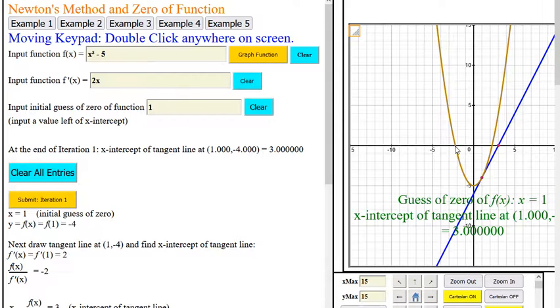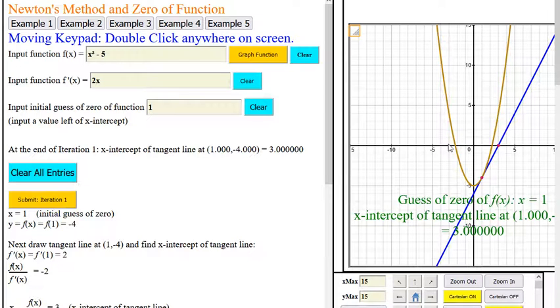Now let's say we want to find this other x-intercept. Remember for Newton's method, if we want to know what this x-intercept is, just pick a number close to it, either to the left or to the right of it.